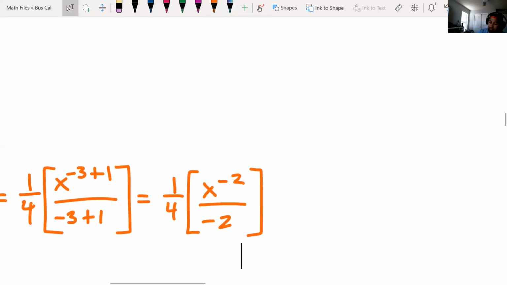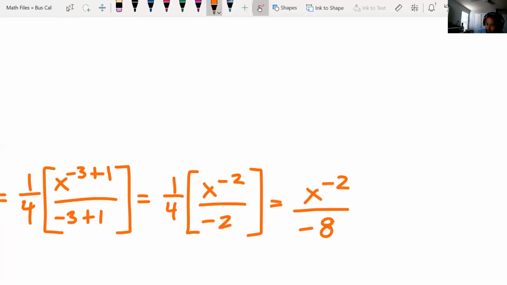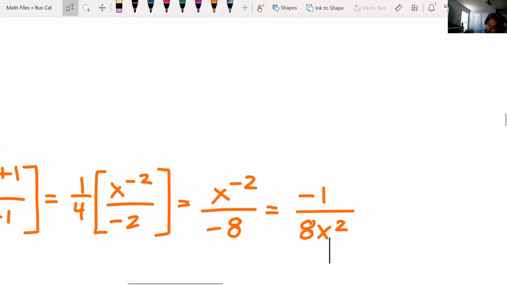I will multiply straight across, and you'll get x to the -2 over -8. And again, this could be a suitable answer, but I do not like negatives in my denominator. So I'm going to flip the numerator down and move the negative up, which means we're going to get -1 over 8x squared plus c.